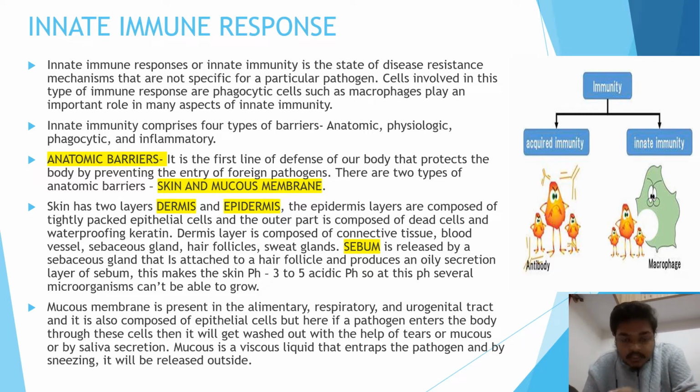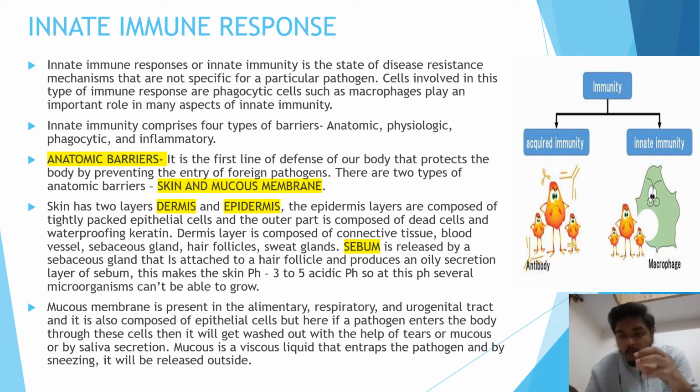For now, just remember that when a foreign pathogen enters, like if we are exposed to pollen grains or dust, and the dust particles or pollen grains try to enter our body through the nose, what will happen that time? We sneeze. With that sneezing, our body is protecting us.